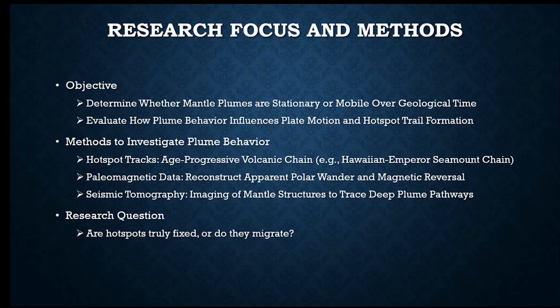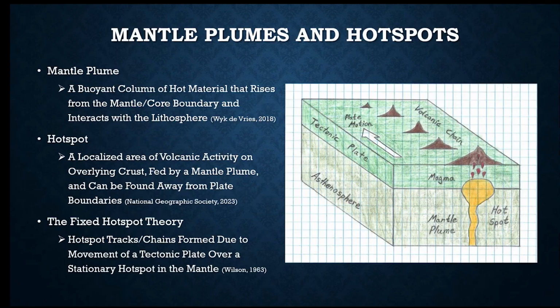Paleomagnetic data, which helps reconstruct plate positioning and motions using magnetic signatures that are preserved in the volcanic rocks. And seismic tomography, which provides images of deep mantle structures that can reveal plume shapes, tilts, or bifurcations. All this leads to the central research question of: are hotspots truly fixed or do they migrate over time? The following slides present the evidence and theories that help answer this question.